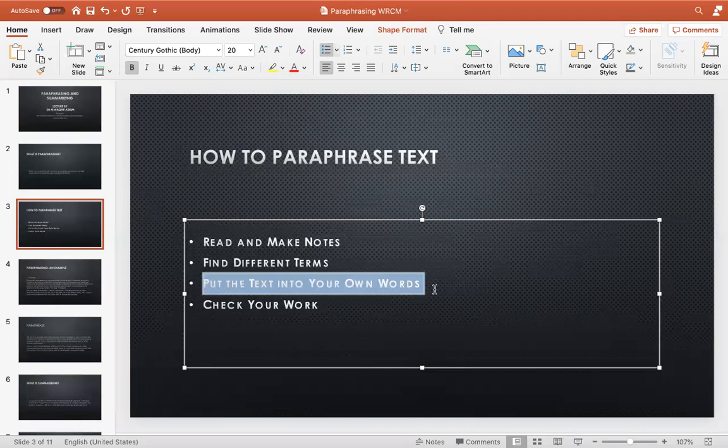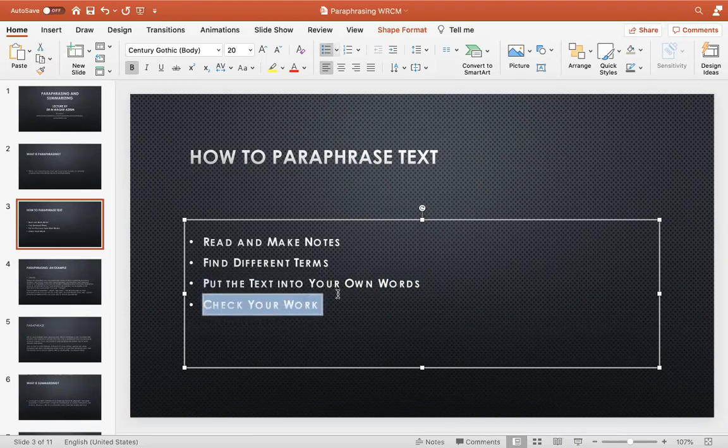You should not lose the meaning of the original text. Maintain the original meaning, stick to the meaning of the original text. Still use your own simpler common words. And then you need to reread your paraphrase to make sure there is no editing mistake in what you wrote. So this is how we paraphrase a given text.